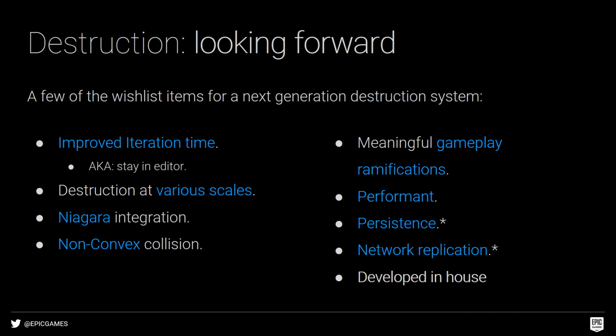Now, this is the one that I'm most interested in. Meaningful gameplay ramifications. Previously, when you destroyed something and the rubble came down, it did not affect your gameplay in a meaningful way. Let's say a giant chunk of debris falls on the ground, your AI would not know how to react to that. It wouldn't know what to do. It could get stuck on it, walk through it, and so on.